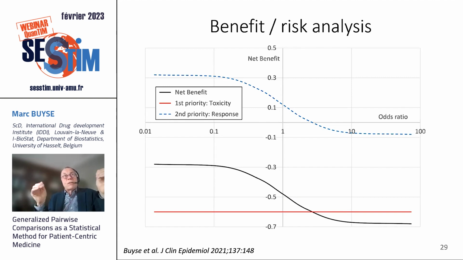I want to avoid toxicity. And then for patients who have either both toxicity or non-toxicity, I will untie these ties with the efficacy outcome. And in that case, the net treatment benefit will be very different and will be against giving this treatment, obviously, because it's so toxic.